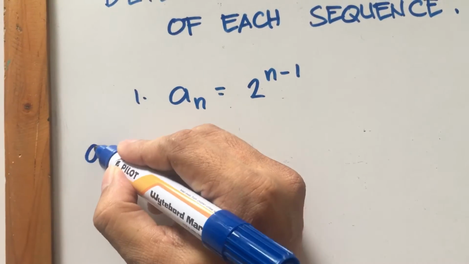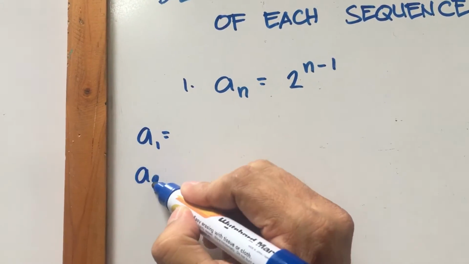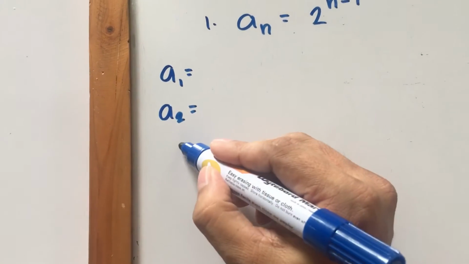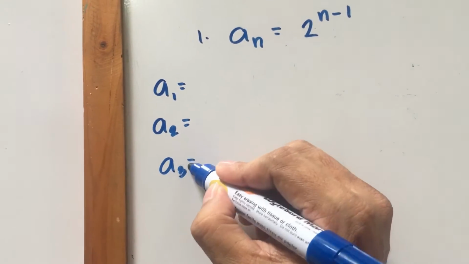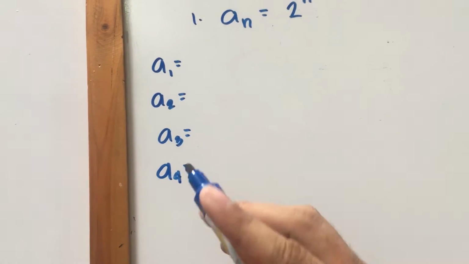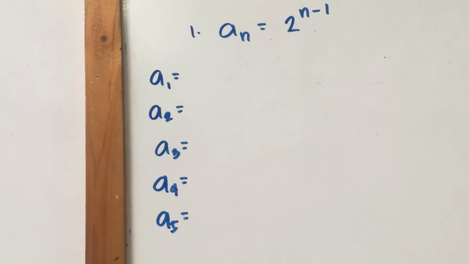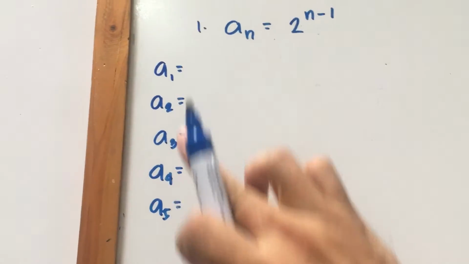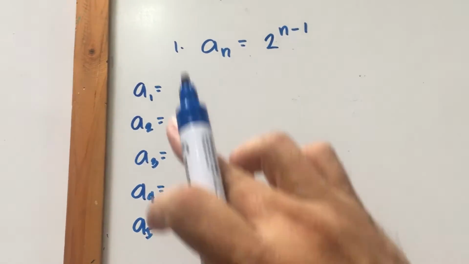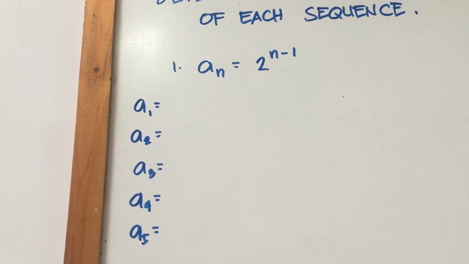You have a sub 1, the first term, a sub 2, the second term, a sub 3, the third term, a sub 4, the fourth term, and the fifth term is a sub 5.